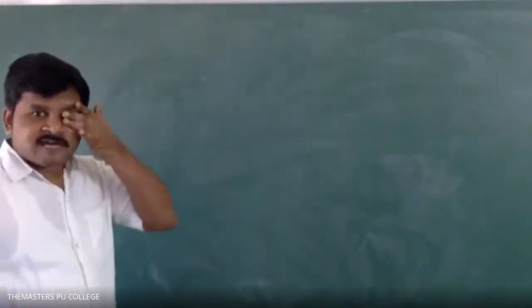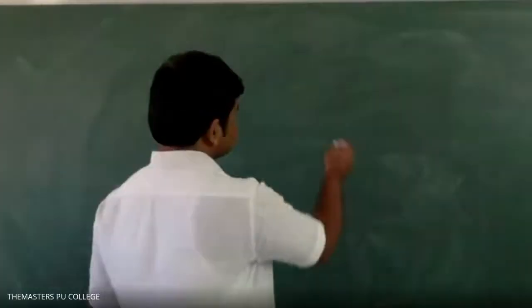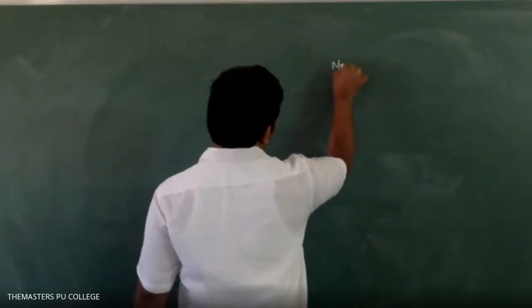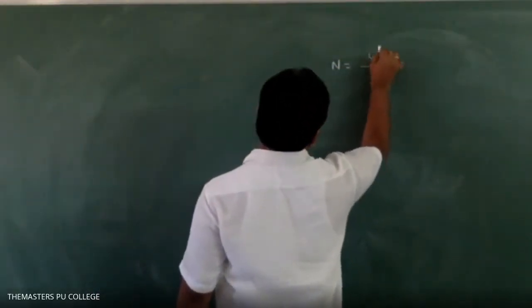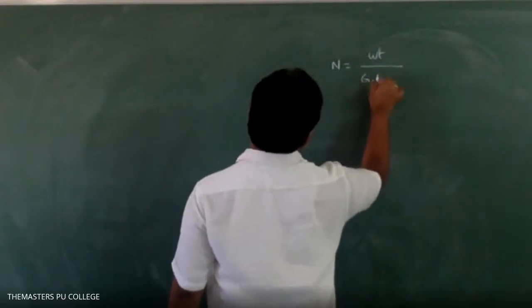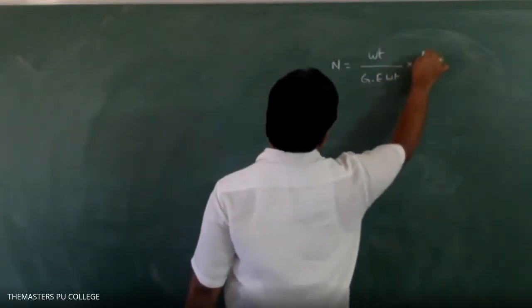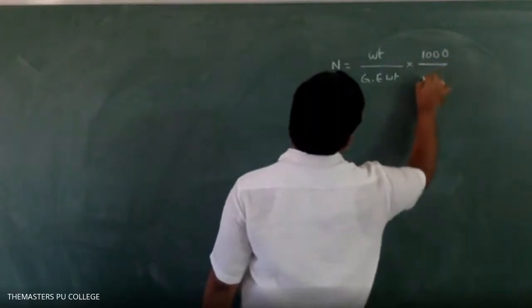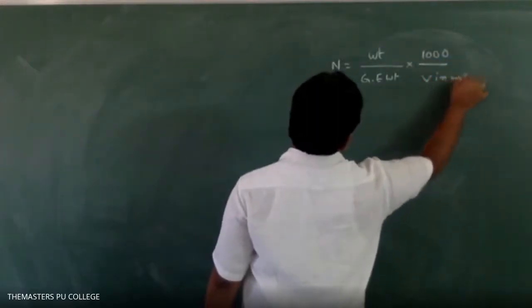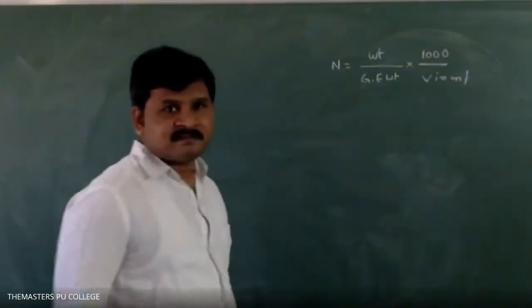Question number 94. What is the volume of 0.1 N HCl? That's the question. So normality is given. What is the normality formula? This is the formula.